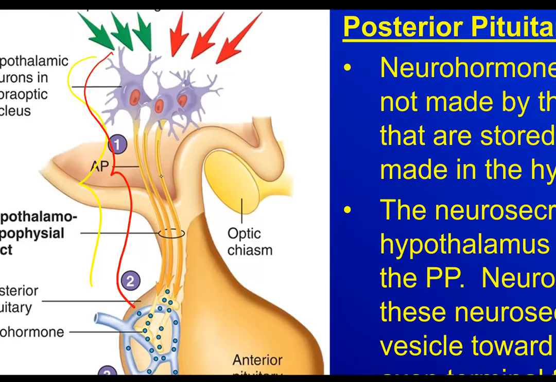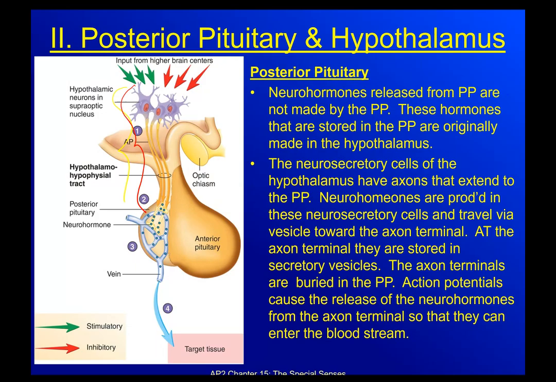There we go. So you've got the cell body up here, the axons, and then the axon terminals exist in that posterior pituitary. Well, those neurohormones are actually being made by these neurons that are located in the hypothalamus up here, okay?